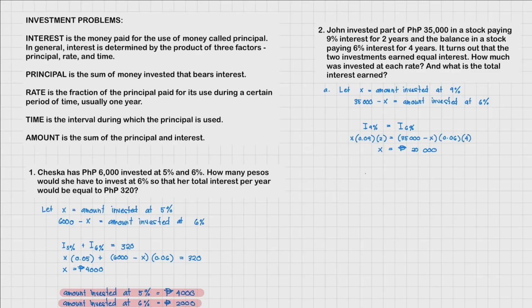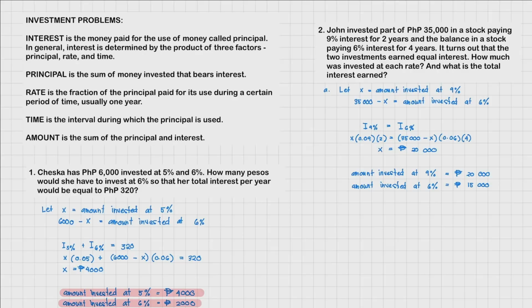And then the amount invested at 6%. So at 9%, it is 20,000 pesos. And at 6%, it is 35,000 minus 20,000. So we get 15,000 pesos.